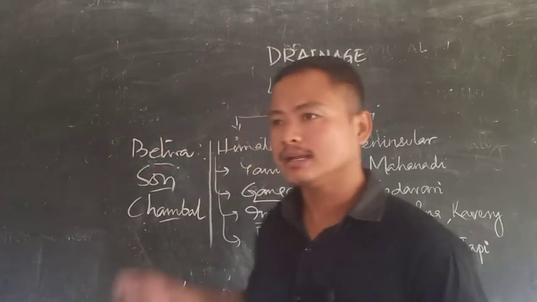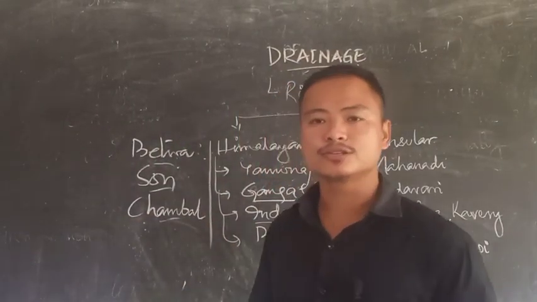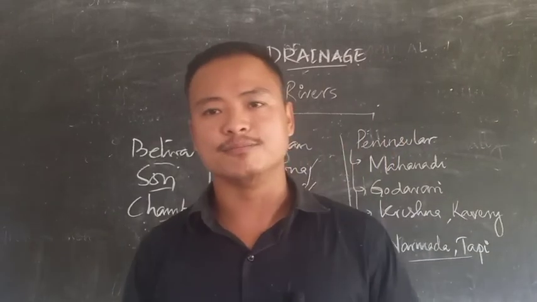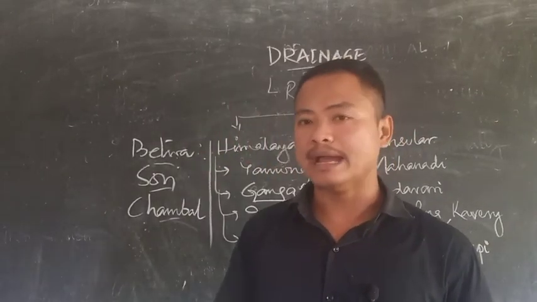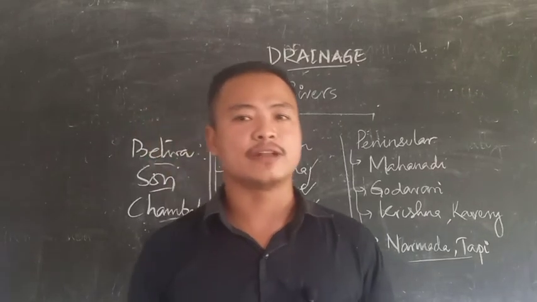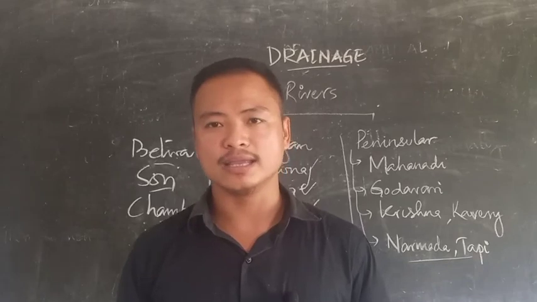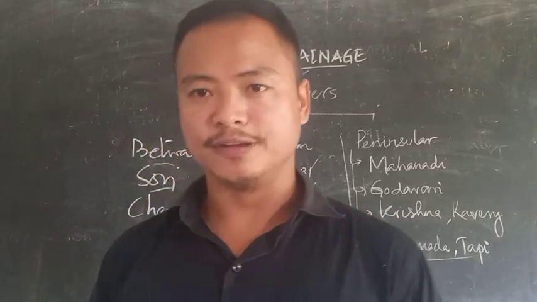And those very deep ravines or gullies that have been carved out by river Chambal during its course result in the formation of badland topography. We call it a badland topography because neither can it be utilized for agricultural purpose nor for human habitations. So this is why it's known as badland topography.